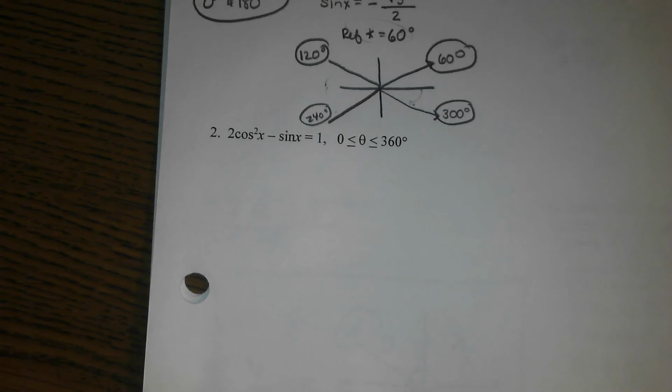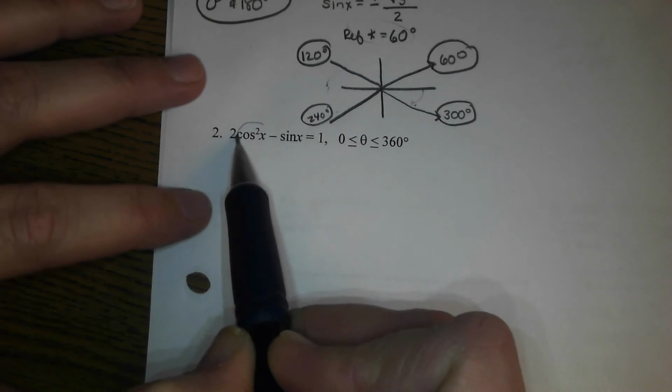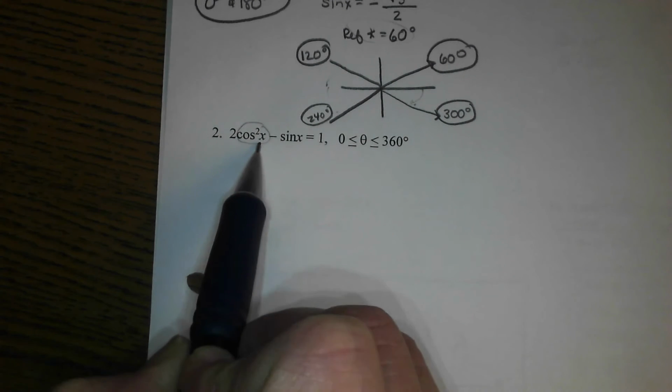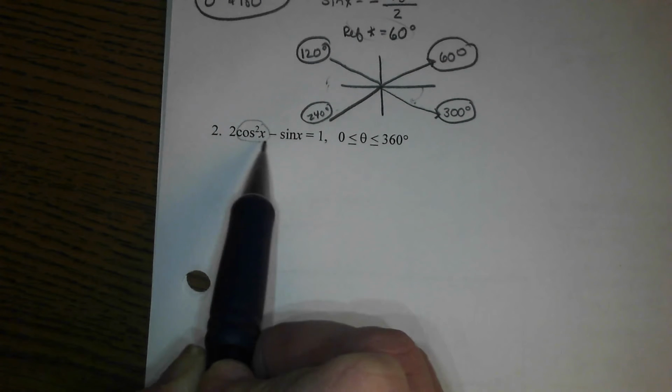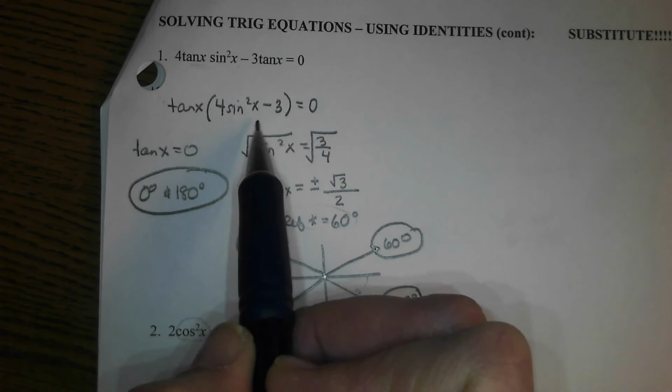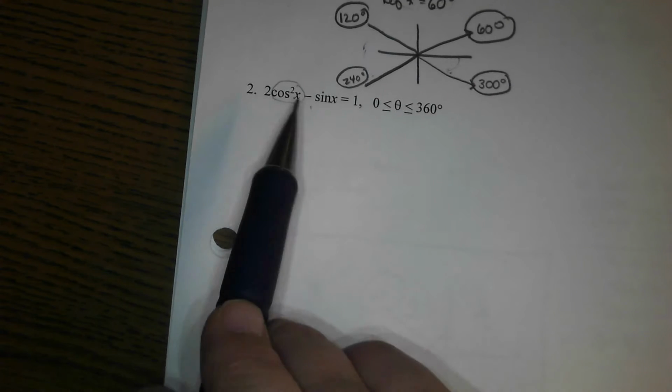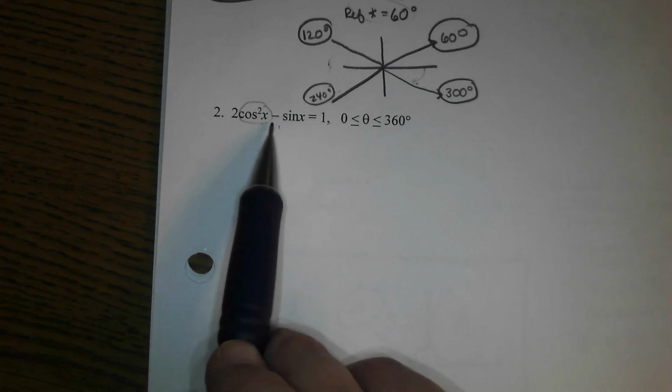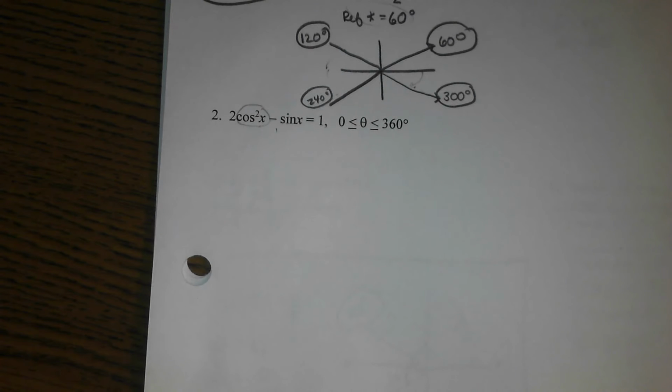Oh boy. What do we think here? All right, because it's the identity world, there are multiple ways we can do this. Number 1 is we could immediately take out the cosine squared if we wanted. Anytime you have a mixture, like we had a mixture here, but it was factorable, so that worked out okay. This mixture of cosine squareds and sines is not factorable, so we want to get everything on the same page.